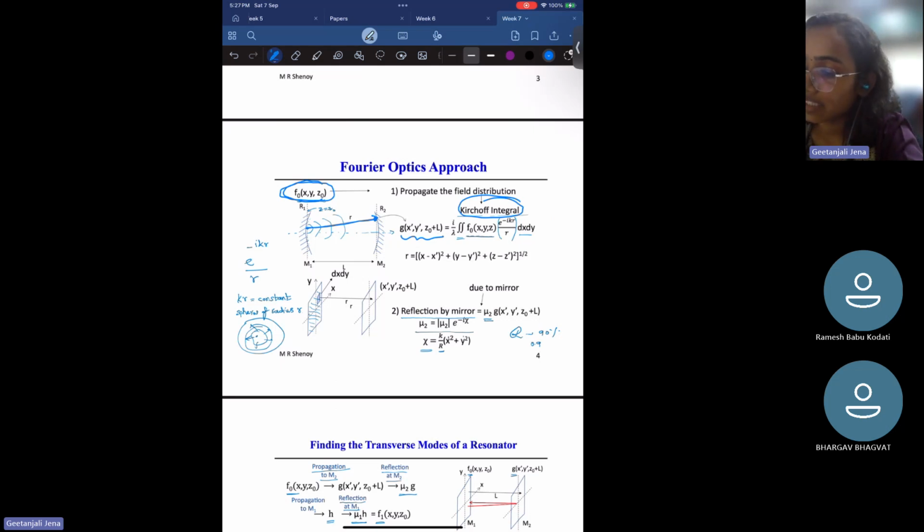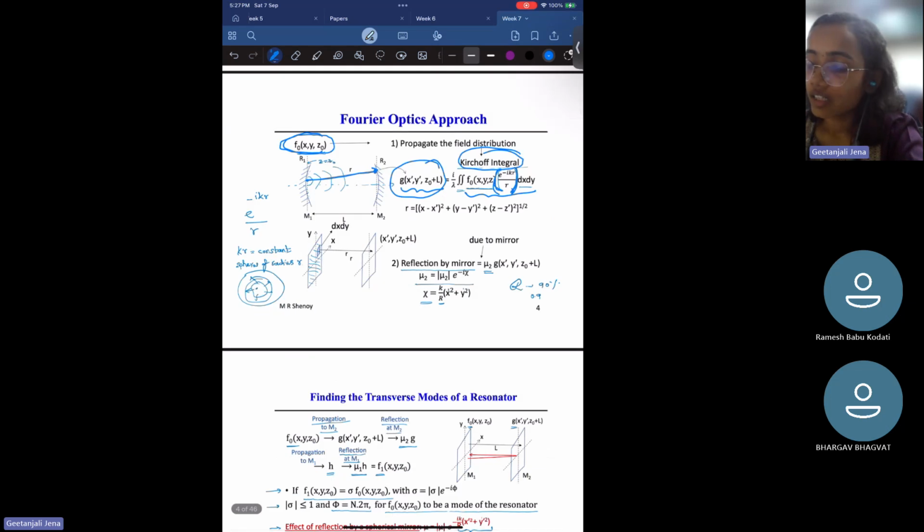And this is given by the integration of the initial field distribution with a point source term, and the integration is over the surface dx and dy. So we started with this initial field distribution and we take the Kirchhoff integral to find out the value of this field at the second mirror, which is G of x prime, y prime, Z0 plus L. And now at the second mirror, the value of the field is G. Now what will happen?